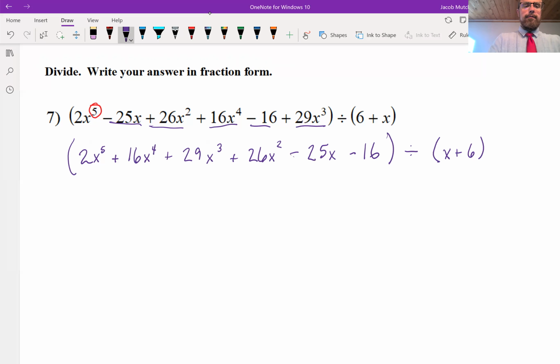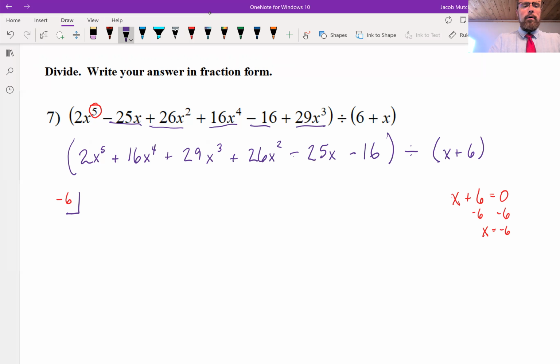So I see that my division number here is going to be the solution to x plus 6 equals 0. So if I solve x plus 6 equals 0, that's going to give me x equals negative 6. And that's what I'm going to place as my divisor number.